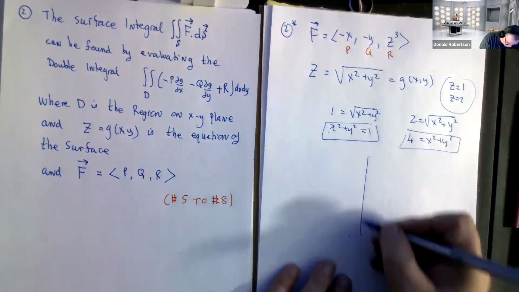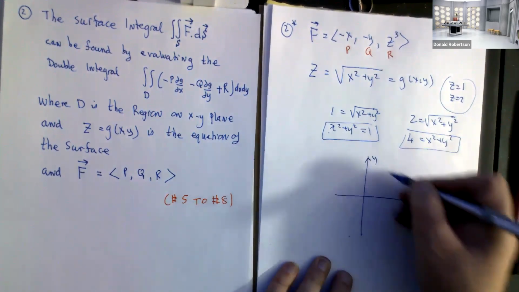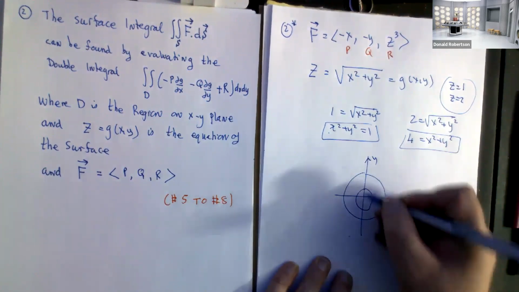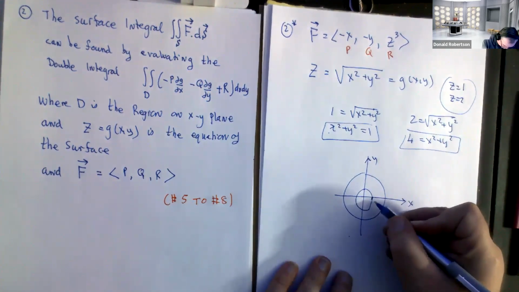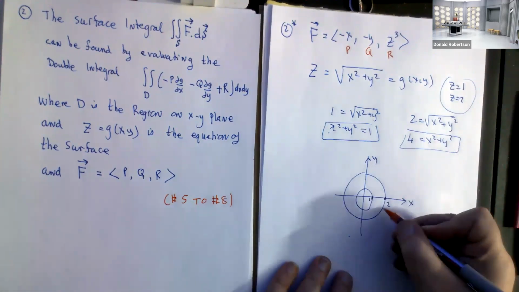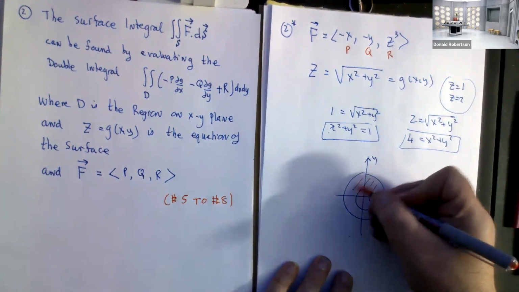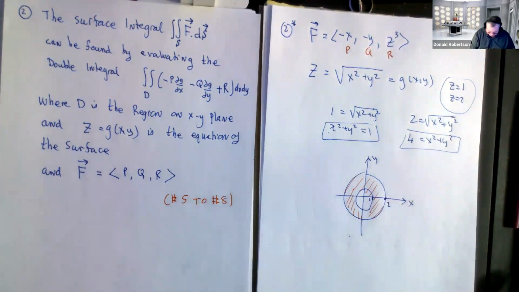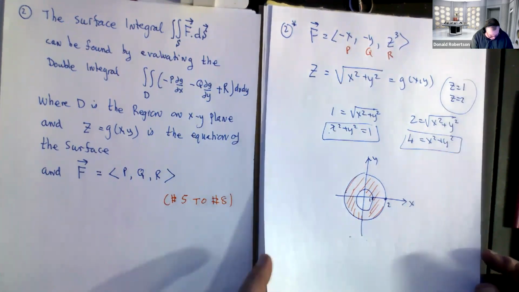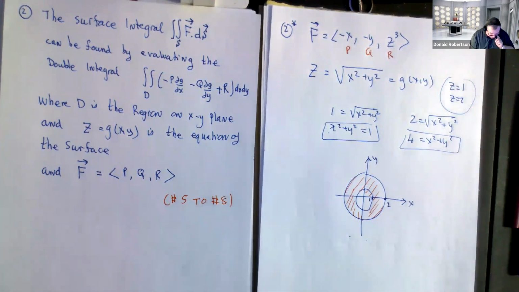So I now know what the ground looks like, the xy plane. It is a circle inside a circle. The little circle is 1, and the big circle is 2. And so the region D is one of these donut shapes. So that's going to influence what I'm going to be doing later.